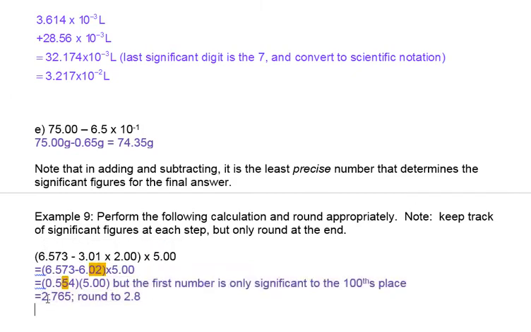So when I round that, it's only going to round to 2 significant figures, which is 2.8. So there's our breakdown briefly on how we do operations and rounding with significant figures.